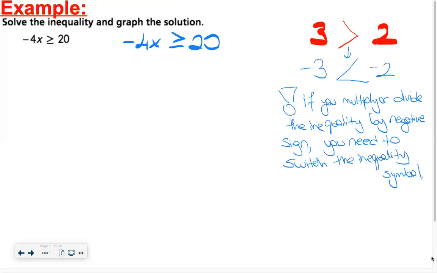Whenever you multiply or divide by a negative sign, you should flip it.